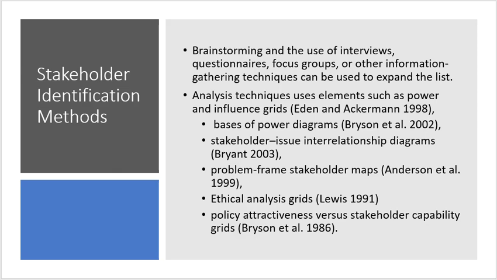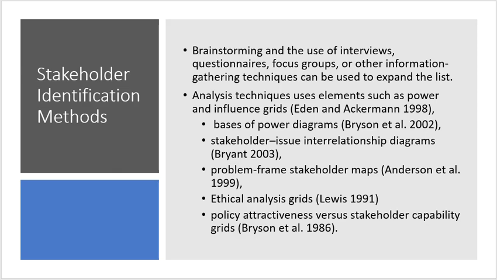So how can these stakeholders be identified? There are several techniques that are used to identify stakeholders. A simple method is brainstorming, where we ourselves assess what kind of people can be engaged with our business, and based on that we decide these are our stakeholders. Most often while doing this, we also use interview methods, questionnaires, and some information gathering techniques.